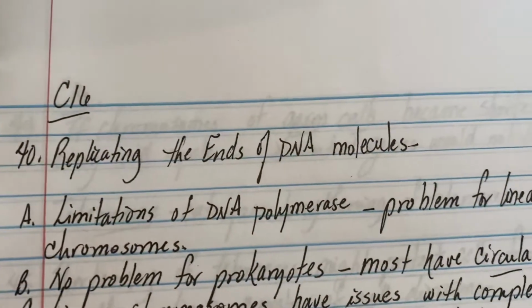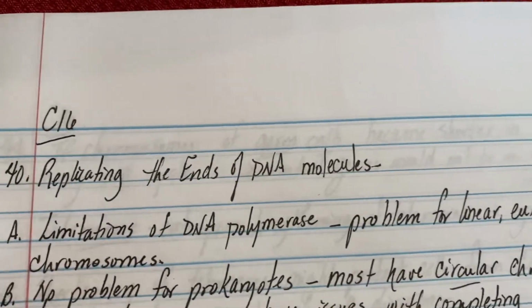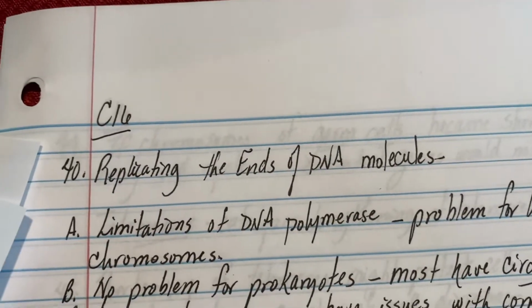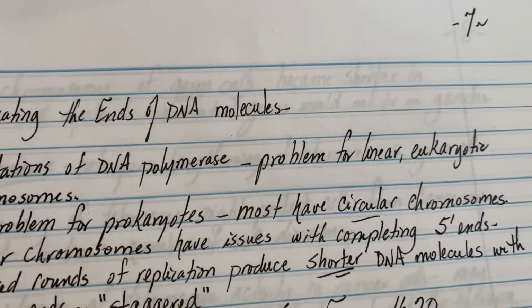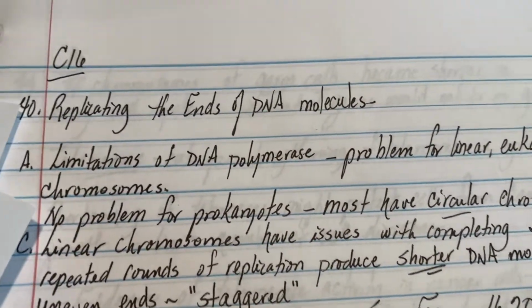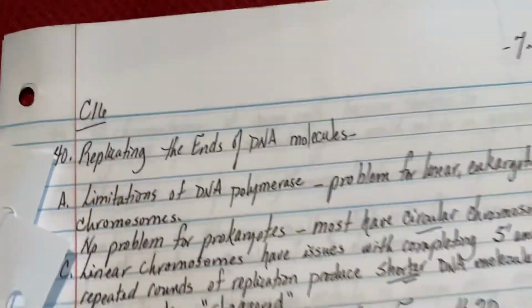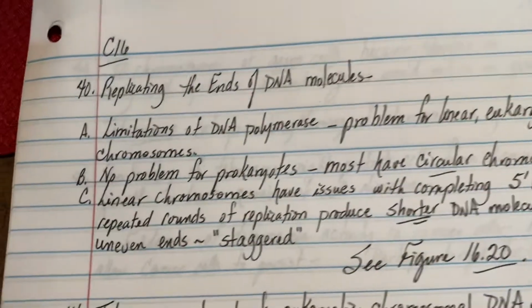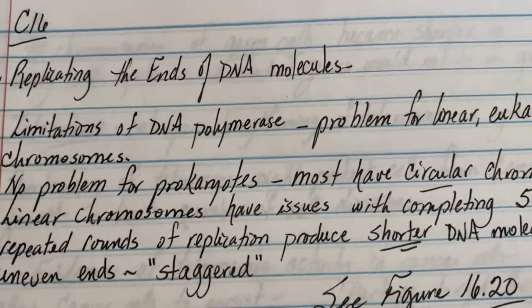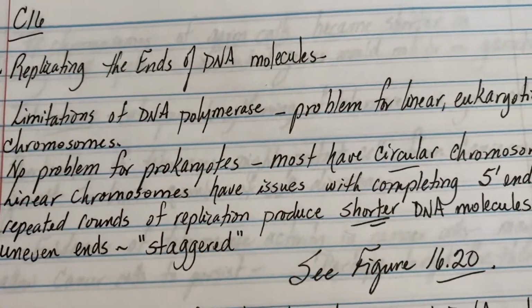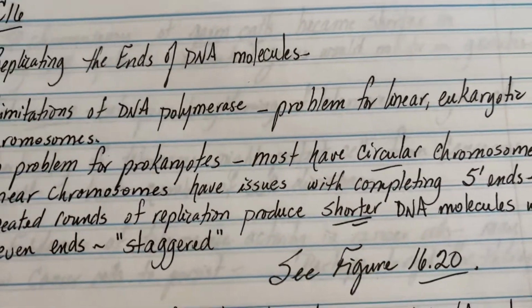It's a problem for linear eukaryotic chromosomes. The linear chromosomes have issues with completing the 5' ends. And after repeated rounds of replication, you get shorter and shorter DNA molecules with uneven ends. They're called staggered. Look at figure 16.20.